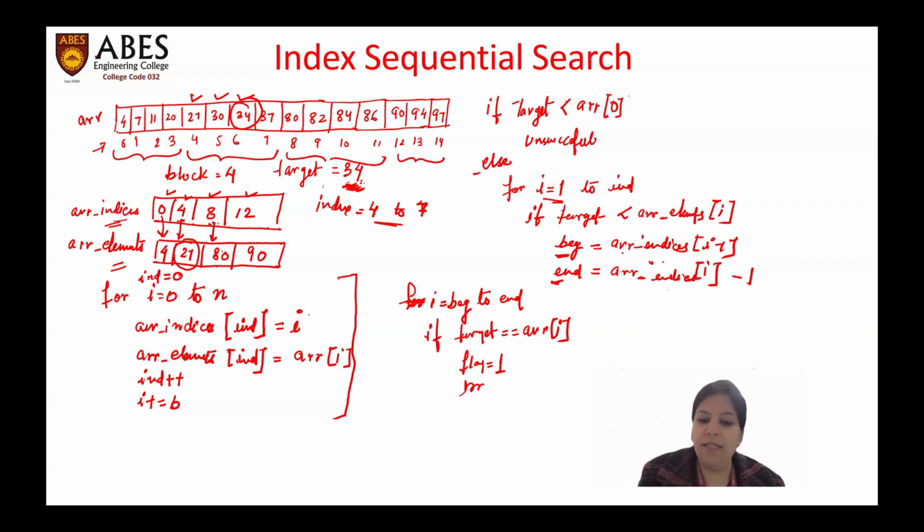And initially we can take the value of flag as 0, right? Now, after coming out of this loop, we can simply check whether the search is successful or not by checking the value of flag. If the value of flag comes out to be 1, then the search is successful. Otherwise, the search is unsuccessful.